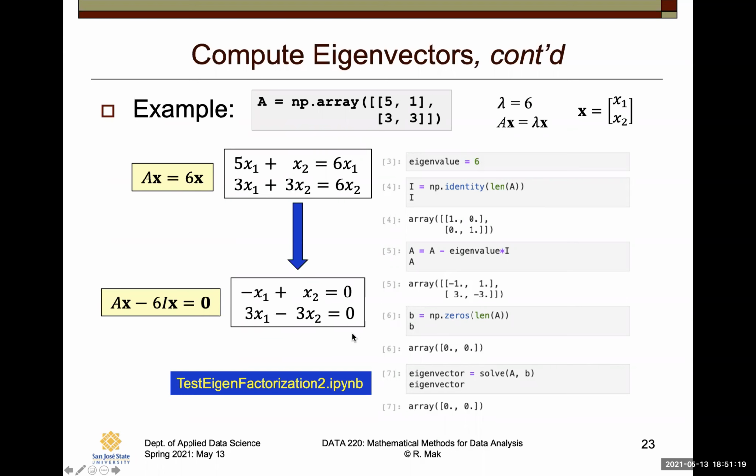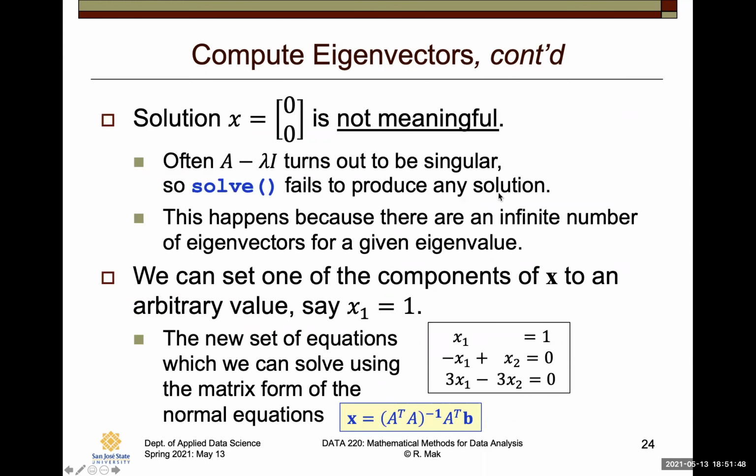On the right hand side, you can actually see me doing these operations. We end up with B here of 0, 0, and we try to do a solve, and we get 0, 0 as the eigenvector. Well, that's not good. It's not meaningful.